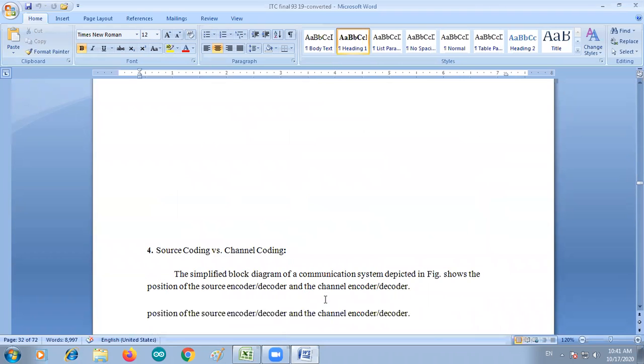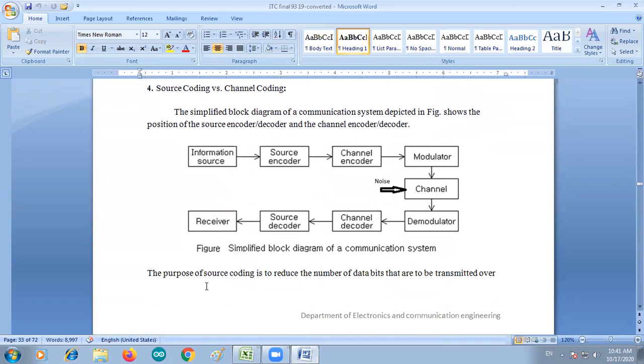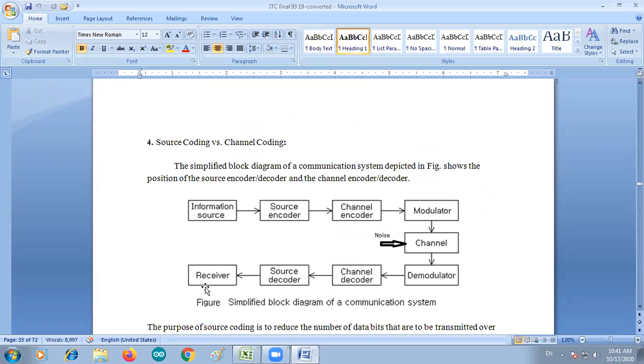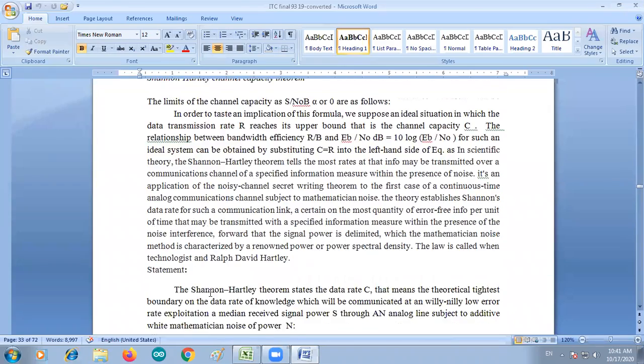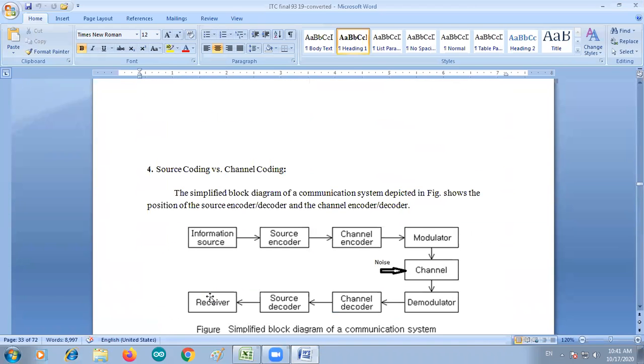I also shared my notes with you. In the next class we will go for source coding and channel coding. Up to this we complete the fourth unit.